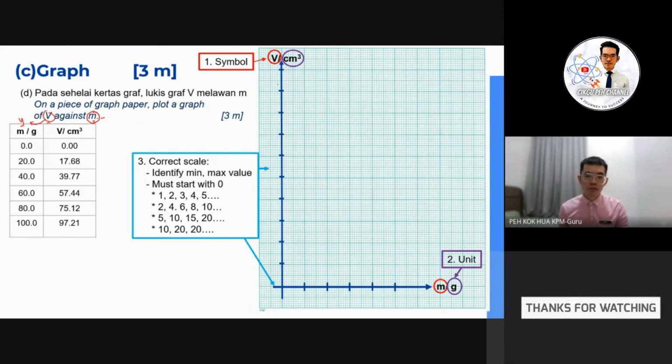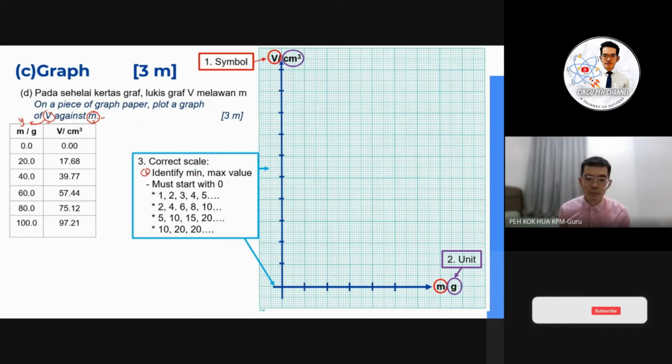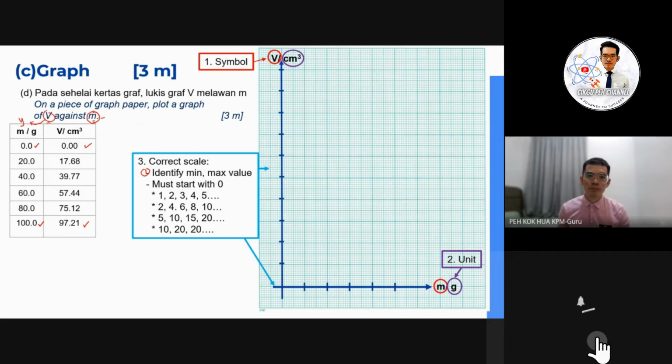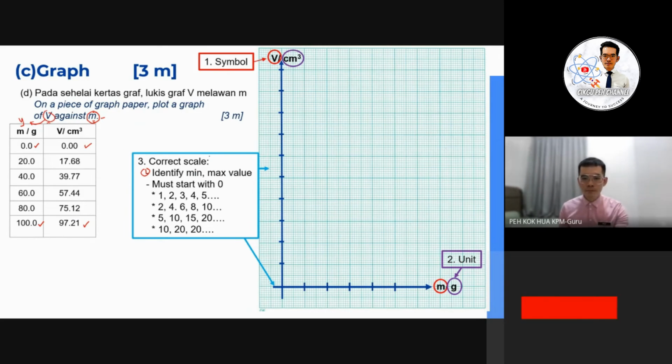Third, you have to give the correct scale. Firstly, identify the minimum value and maximum value for your x-axis and y-axis. For example here, our minimum value for the x-axis is 0 and the maximum is 100. For the V it will be 0 to 97.21. Your scale must include the minimum value and the maximum value in your table.